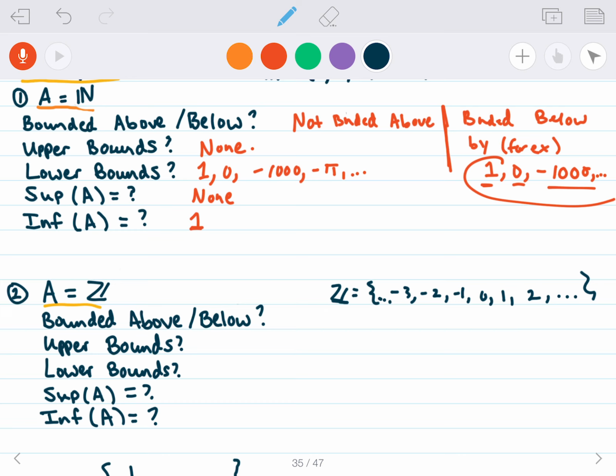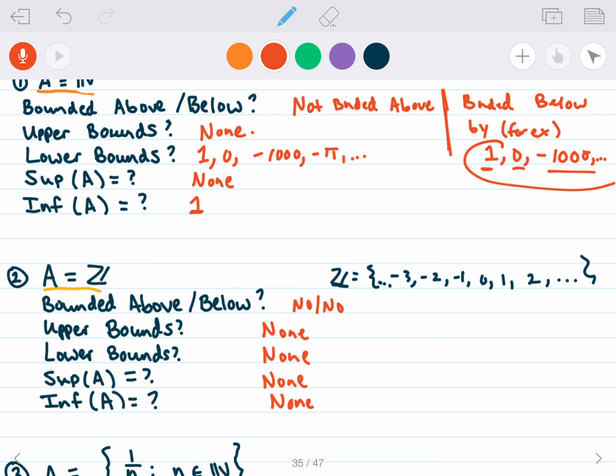You can always find a number smaller, so if you're at negative 3, you can say negative 1,000,000. If you're at negative 1,000,000, you can say negative 1,000,001. There's no lower bound here. And similarly, there's no upper bound for this set. So the answer here is just no. No upper bounds or lower bounds. No supremum, no infimum. Kind of boring, but that's why we're not doing analysis with the integers.